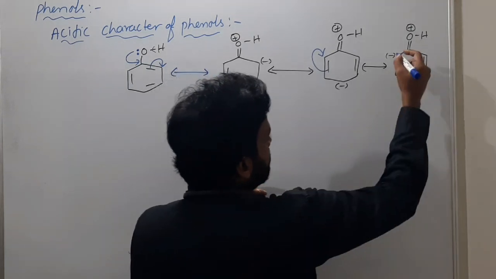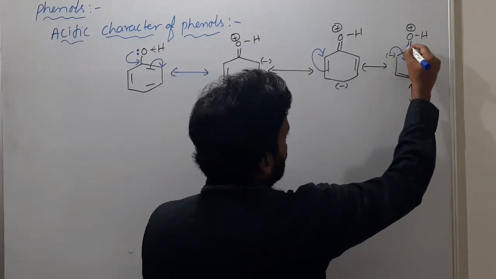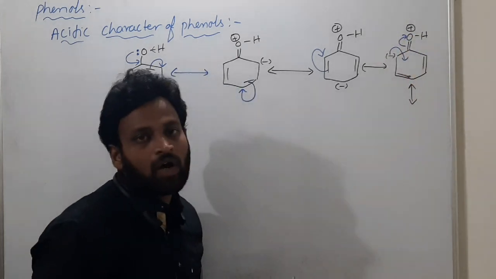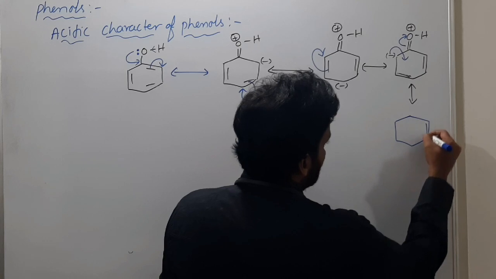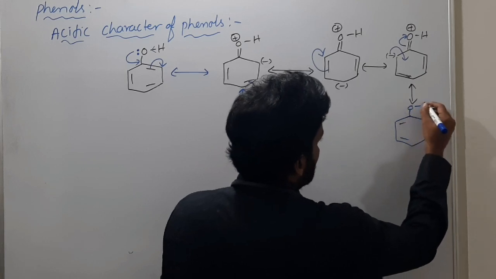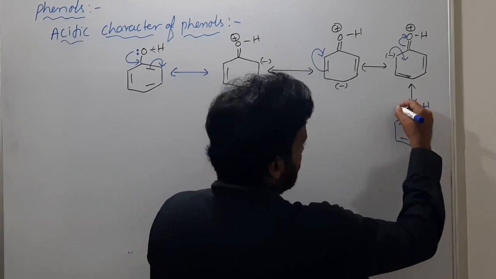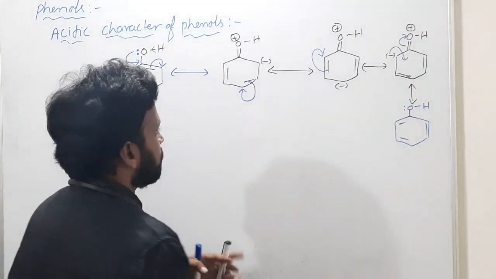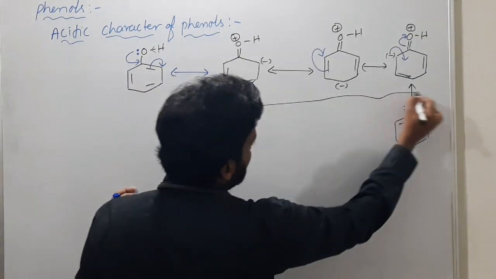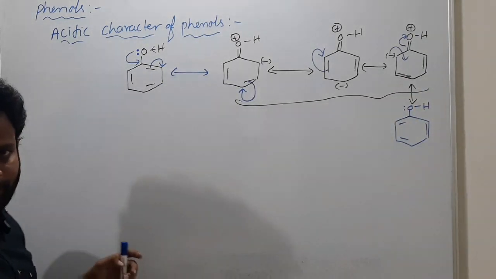Next, what happens? Very simple. This negative charge will go back towards oxygen. Certainly, C6H5 and like this you are having OH. Correct? So again it retains its lone pair like this. These three are called resonating structures.